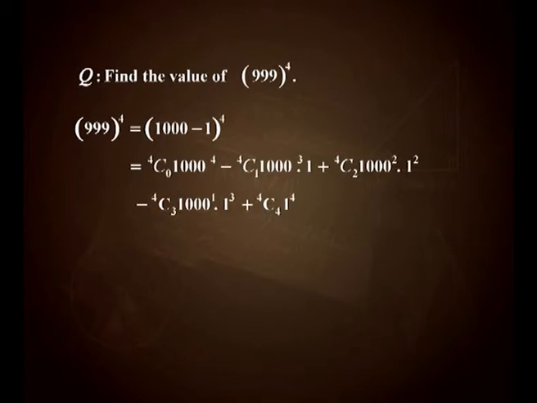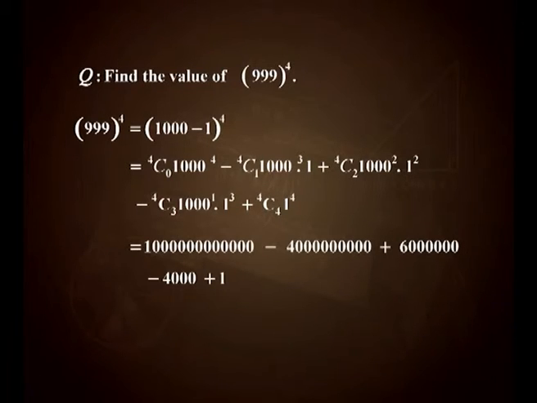Now, just take another minute or two to evaluate each of these terms, that is mainly you need 4C1 and 4C2 and 4C3, and then multiply with these numbers and you have 5 terms which add and subtract and give you a big number, more than 900 billions.